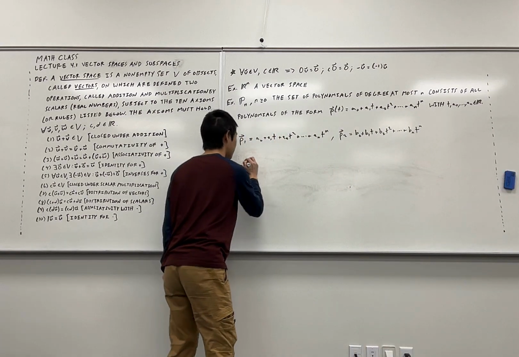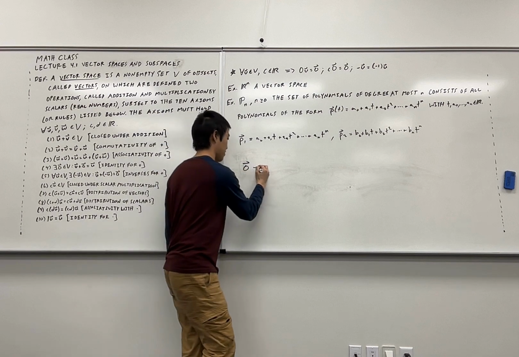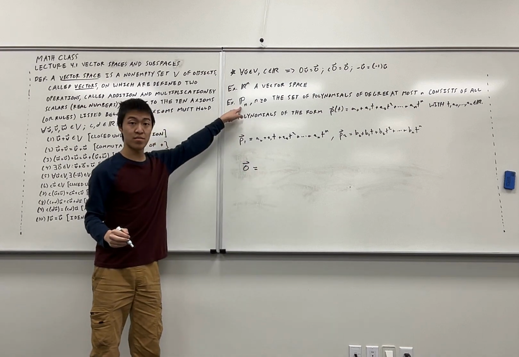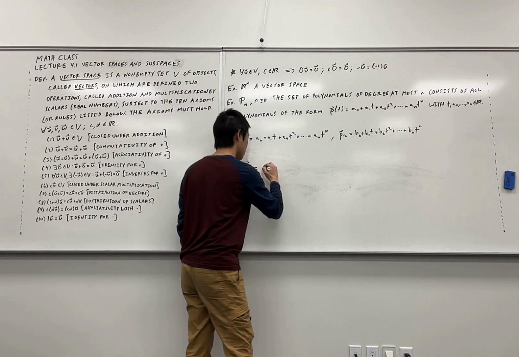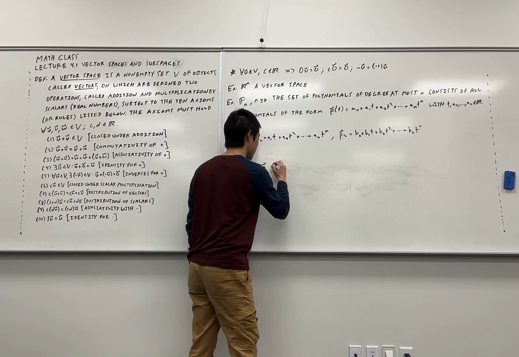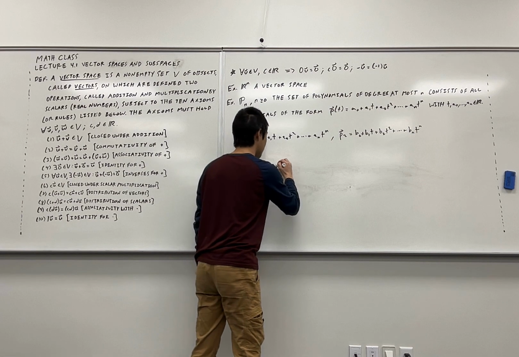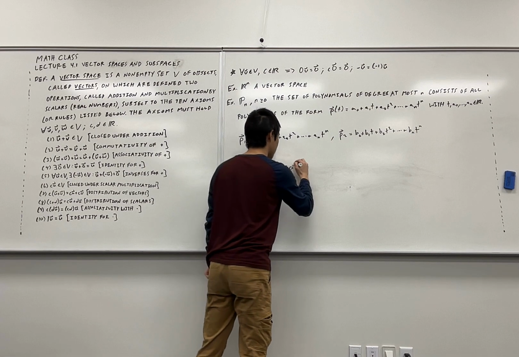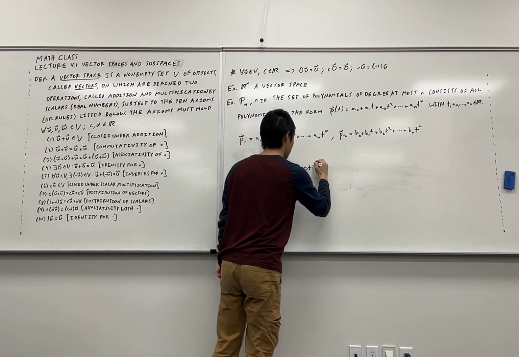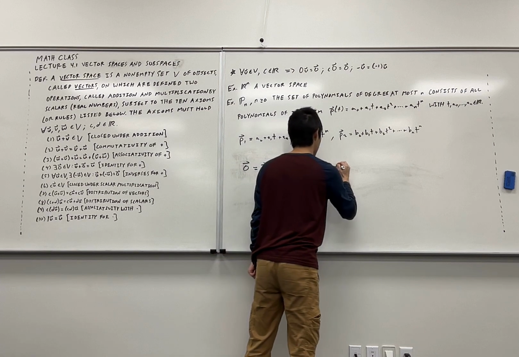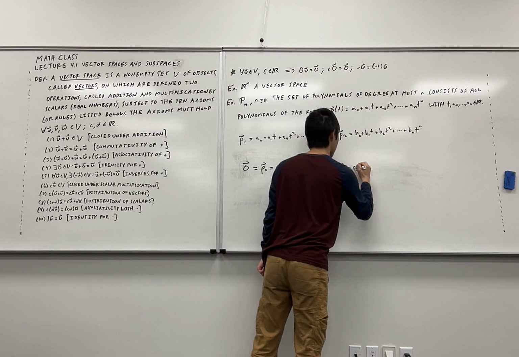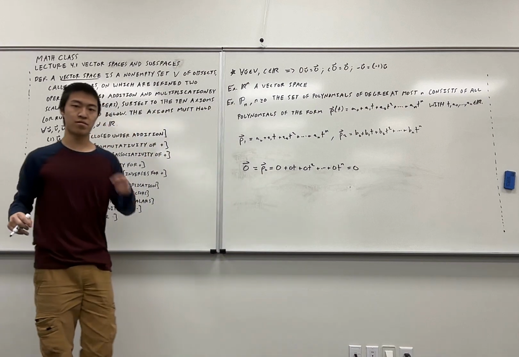So my 0 vector for p sub n is going to be the polynomial p sub 0, which is 0 plus 0t plus 0t squared all the way to 0t to the n, or simply just 0.